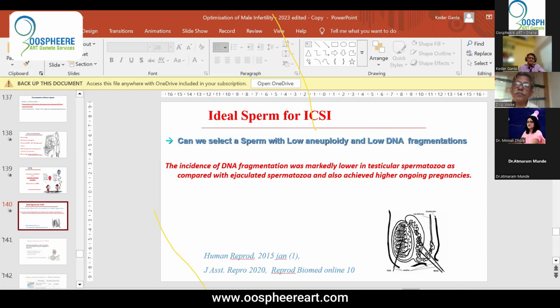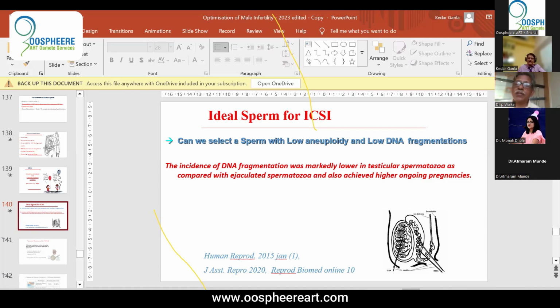And then they should be told to ask the son to deposit a sample when he is 16, 18, 20, 21, because as age progresses, his sperm count will become low and then become azoospermic. That is the only relevant thing. Other than that, there is nothing.